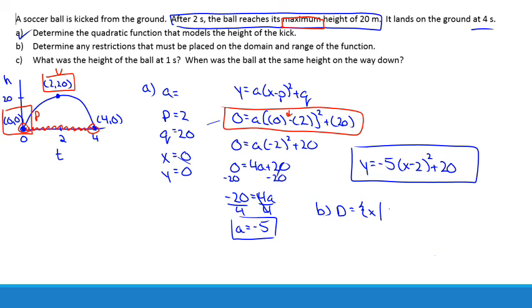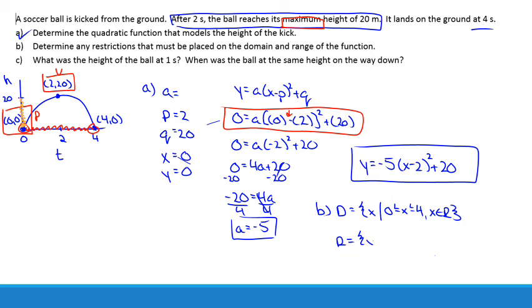So that's your restriction. 0 is less than x, which is less than 4. And we want real numbers because we want the rationals and irrationals, all those values that lie in between the whole number points.